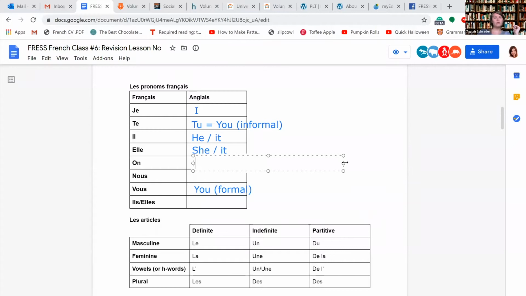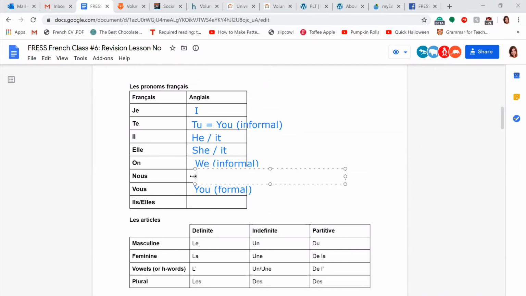Anna, do you remember this one? We. Yep. And is it formal or informal? Informal. That's right. So it's the informal we. And nous. We, but formal. So we, but formal, that's right.